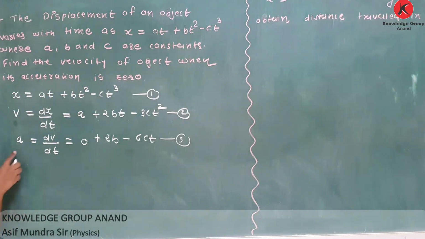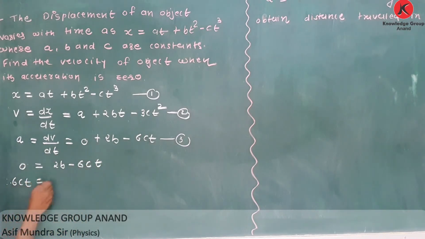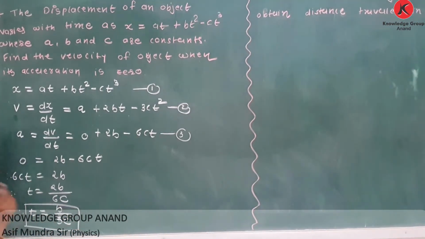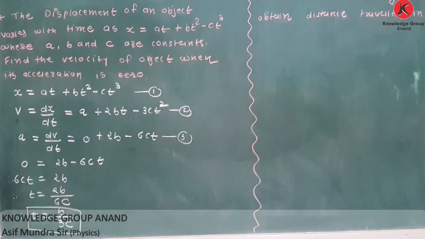So if you put acceleration equal to 0, you will get 2b minus 6ct equal to 0. So therefore 6ct is equal to 2b, and therefore t is equal to 2b upon 6c. So yes, you will get t is equal to b upon 3c. Means it is time b upon 3c when acceleration becomes 0.